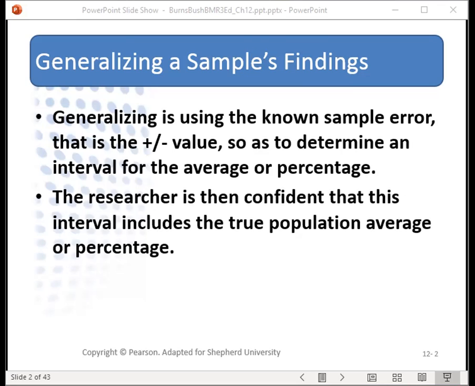However, because of the sample error involved, the sample finding must be considered an approximation of the population fact. If we took a census of the entire population, then we would know the true value. But since we have a value from our survey or sample data, we can estimate the actual population value.